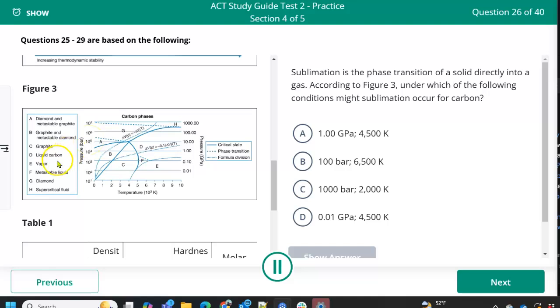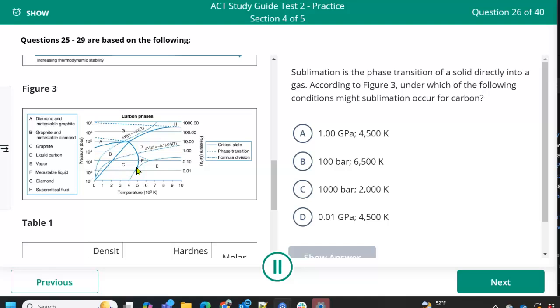Yeah, so a gas form here is E, vapor. That is right here. F is a liquid. And what is this? This looks like A. What is A? Diamond and metastable. Okay, so that's a solid directly into a gas right there, it looks like.